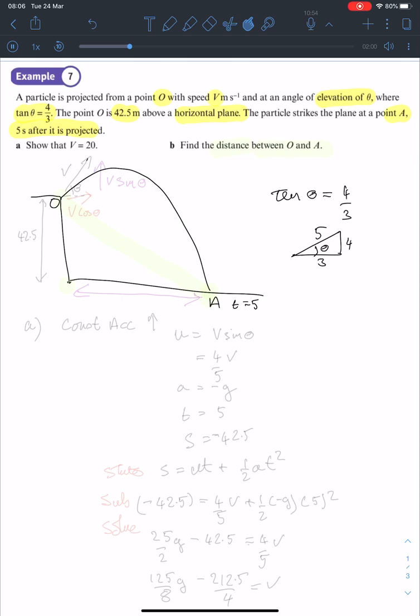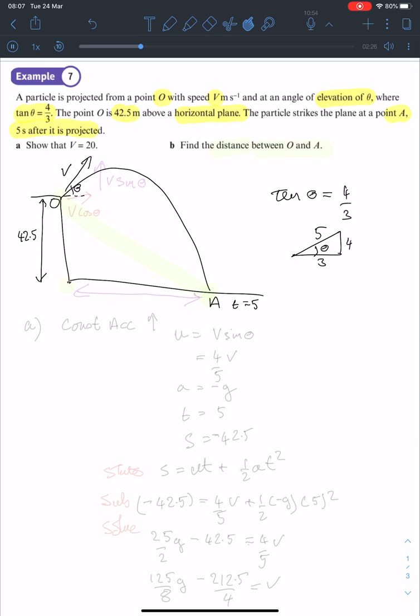On the diagram, we've got a speed of v at an angle theta, and we know that the height above the plane is 42.5. All right, I think we've lifted everything out there, just scanning through.